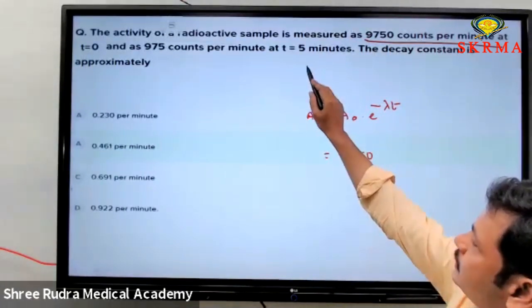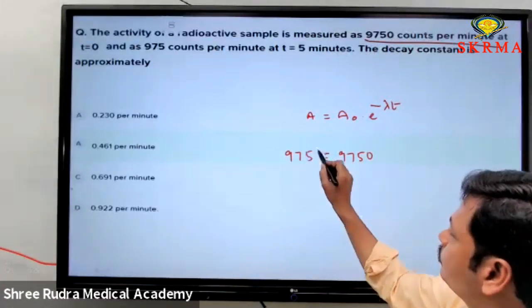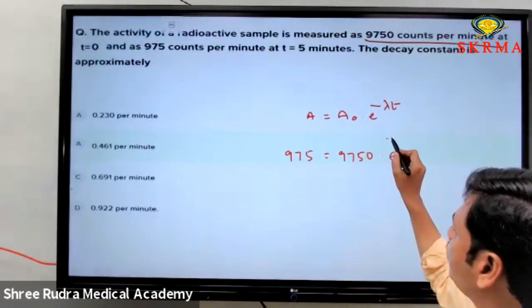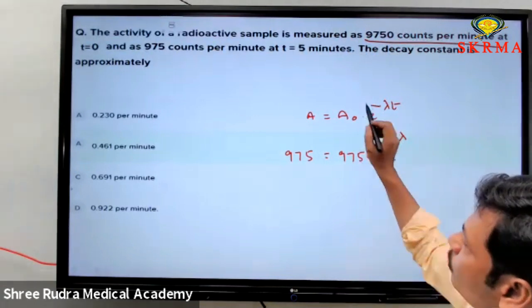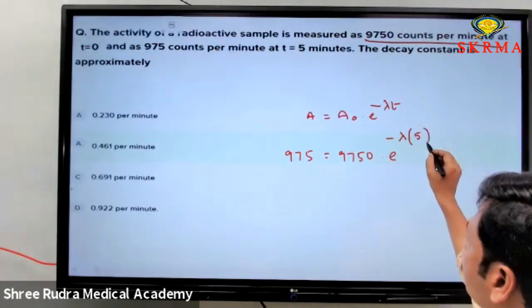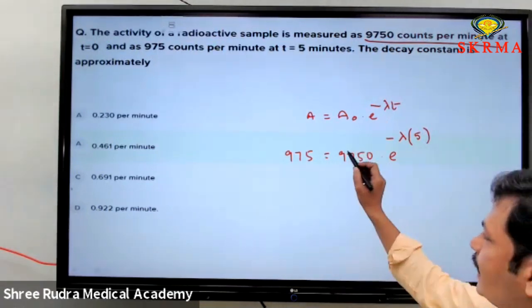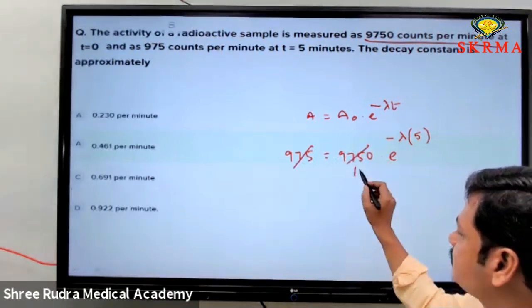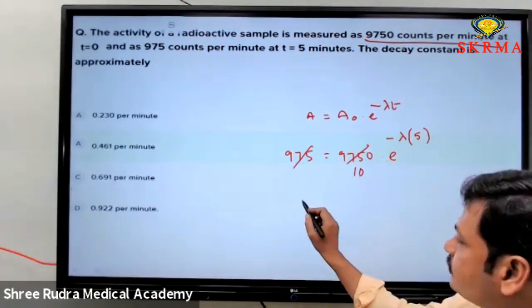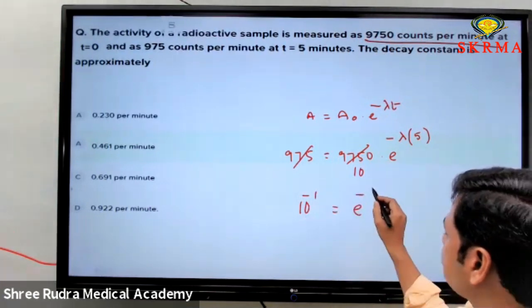After time t, the activity is 975, that is A0 into e power minus lambda t. What is time t? After 5 minutes. If you cancel, 10 moves to the left side as 10 power minus 1. So e power minus lambda into 5.